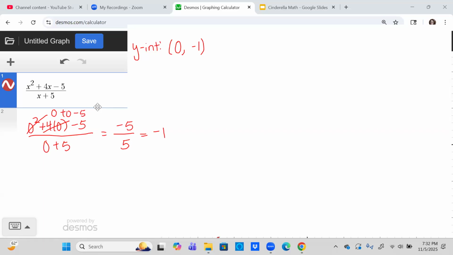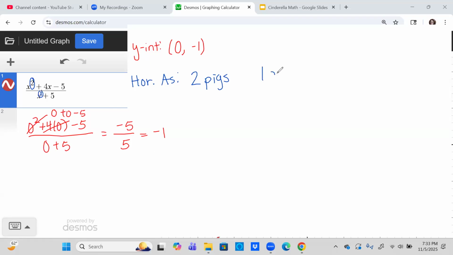Okay, the other thing I recommend we do before factoring is our horizontal asymptote. That's where you compare the power of the top, so the degree of the top. So the top is 2, and I call that pigs. I'll have to do another video on that, but just go with me for now. And then compare the degree of that on the bottom. So that's an invisible 1, and I call that queens.